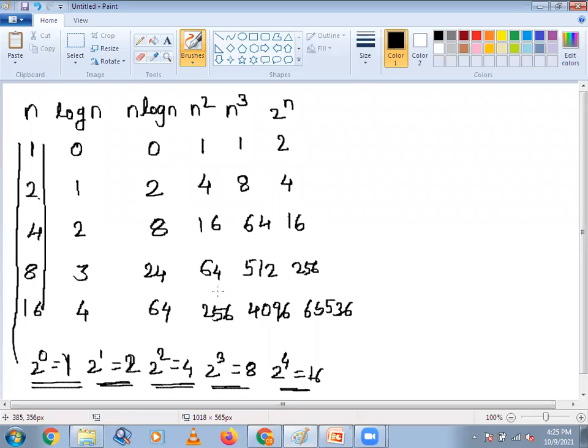If we draw the graph of these with n and the time, that is f of n, we receive a graph that looks like this.